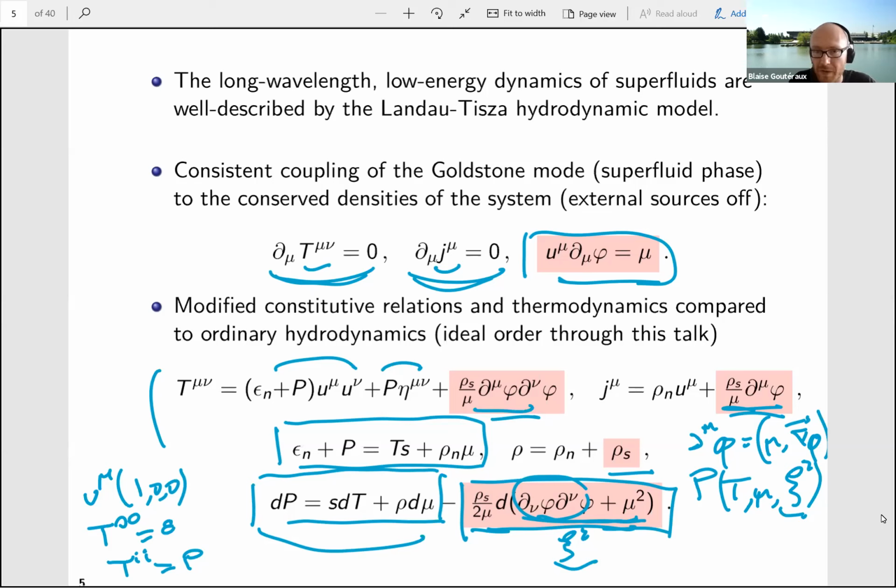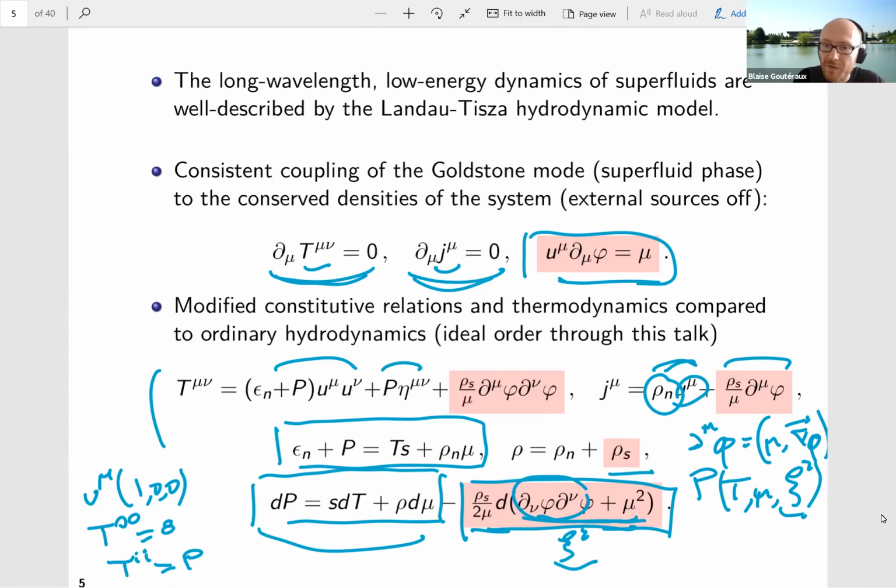So there's a new quantity, there's a new source in your background that you should take into account whenever you think about thermodynamics. Now we come to these extra terms in the constitutive relations. As you were mentioning, there's now a new term in the current. The current is made up of two terms at ideal order. One is the usual term, the normal charge times u mu, which tells us that some of the charge in the system is being transported by the usual fluid velocity.